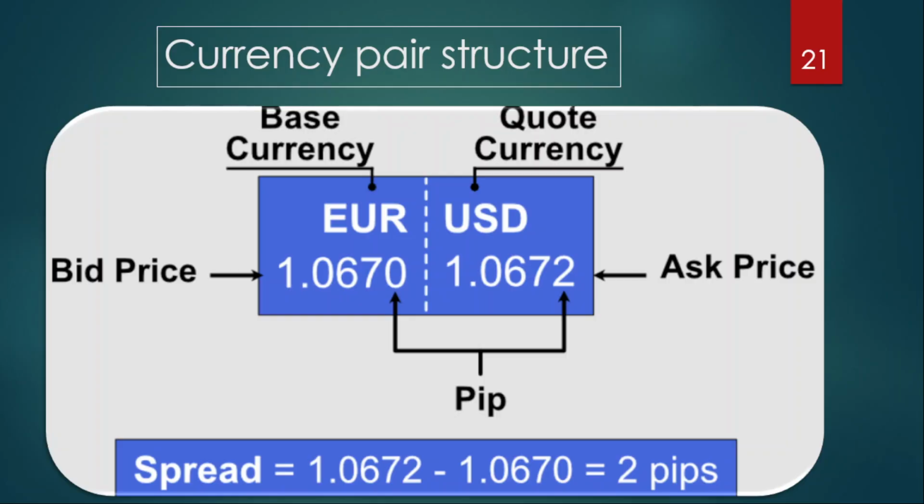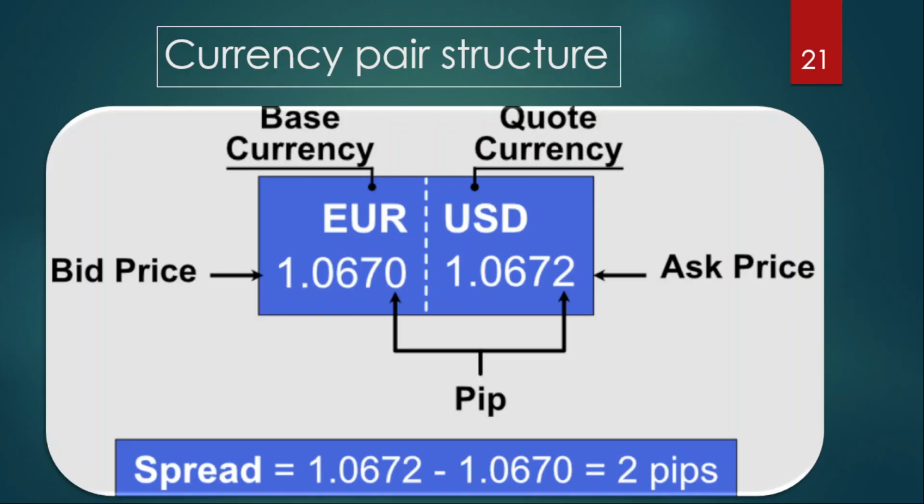In this case, we are not talking about the movement of the price. We are talking about the base currency and the quote currency. I want you to get me well. So the difference between this quote currency and base currency is called a spread. The spread is the difference between the quote currency and the base currency.